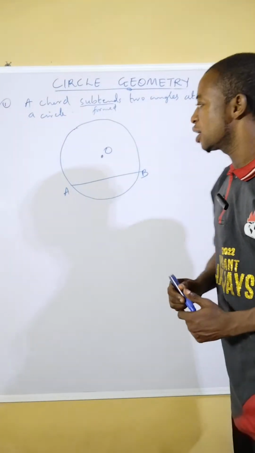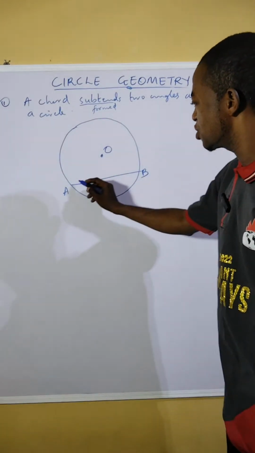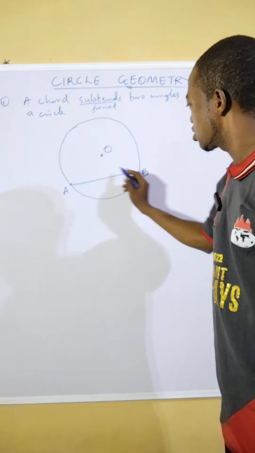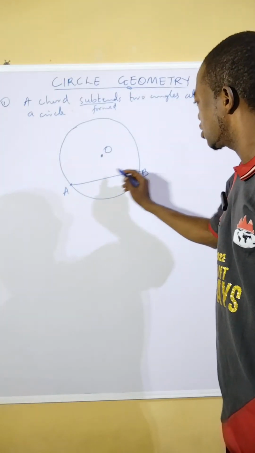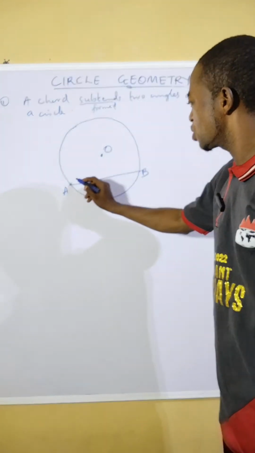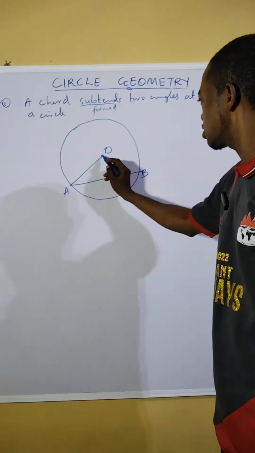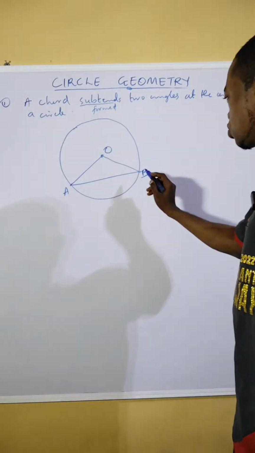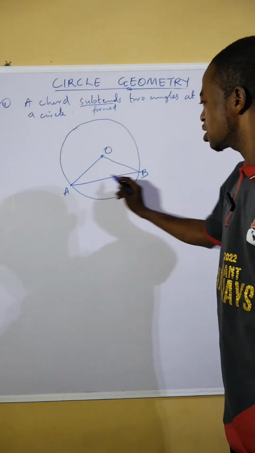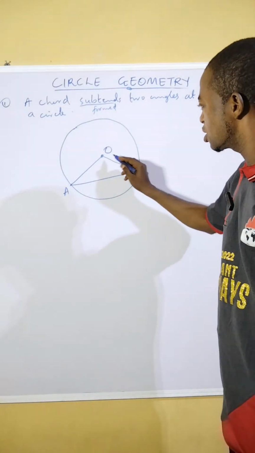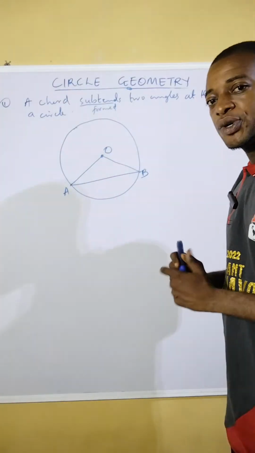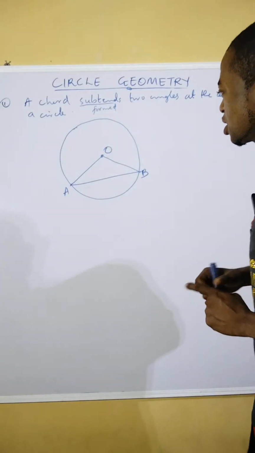So when an angle is formed by a line, it means the lines of the angle are coming from these two points. So here we can connect A to O and also connect B to O, which implies that this chord AB has formed this angle at the center. And here we have two angles at the center now.